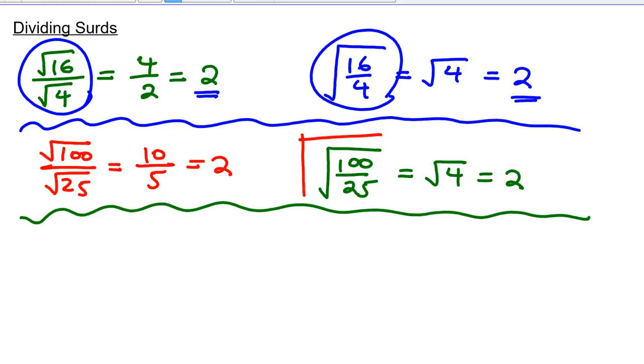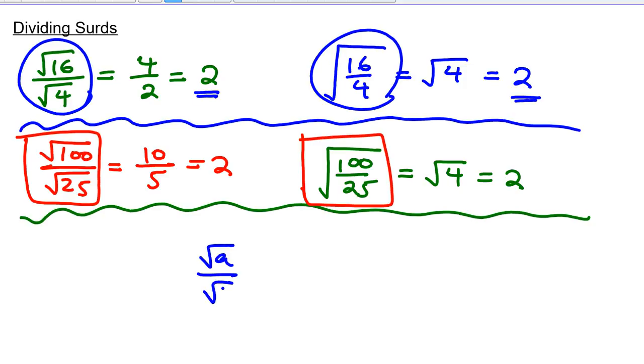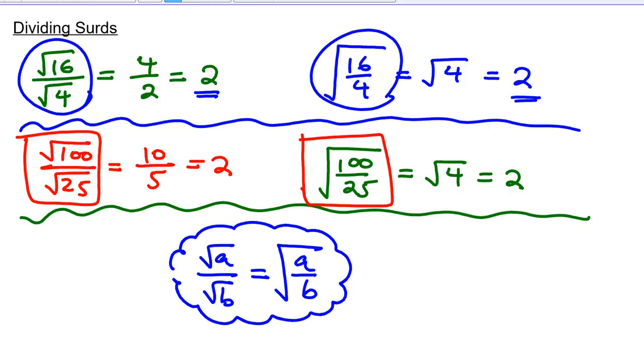Whether you write your question that way or that way, you still end up with the same answer. So we can conclude that square root of A divided by square root of B is the same as square root of A divided by B, which is a very, very important result that we shall use later on.